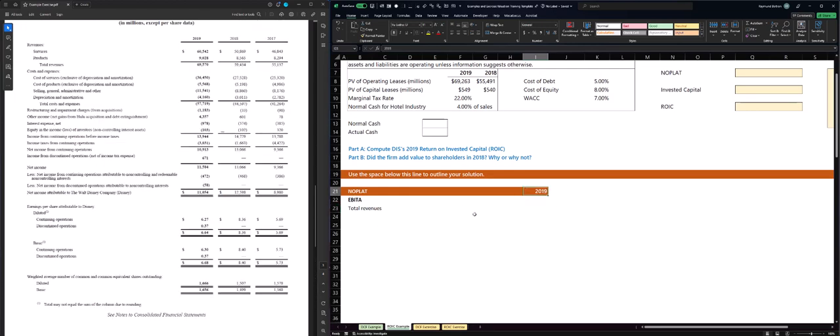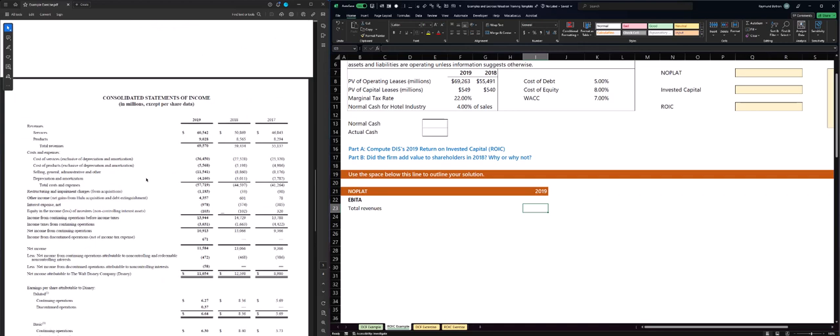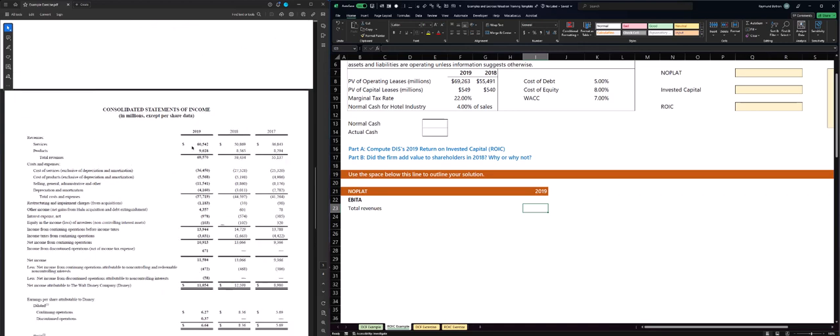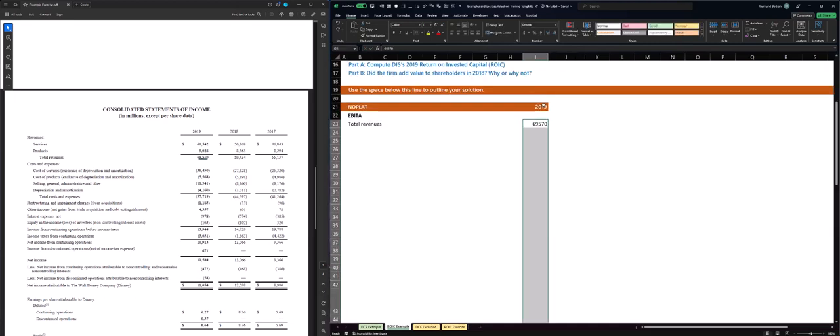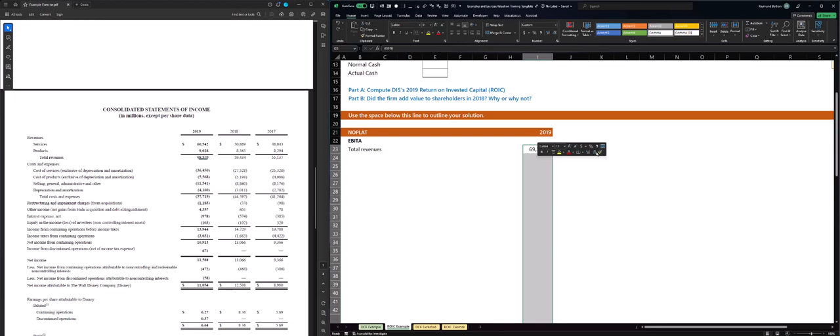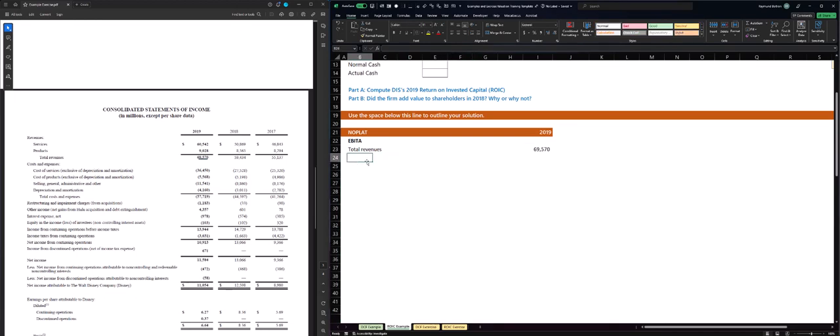So for the NOPLAT, we're just going to use the 2019 numbers. So for the 2019 numbers, we have this 69,570. And I'll try to put a comma. Looks better.